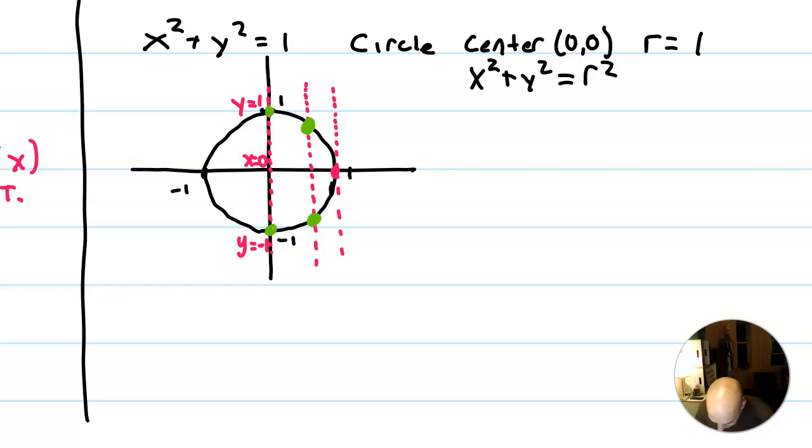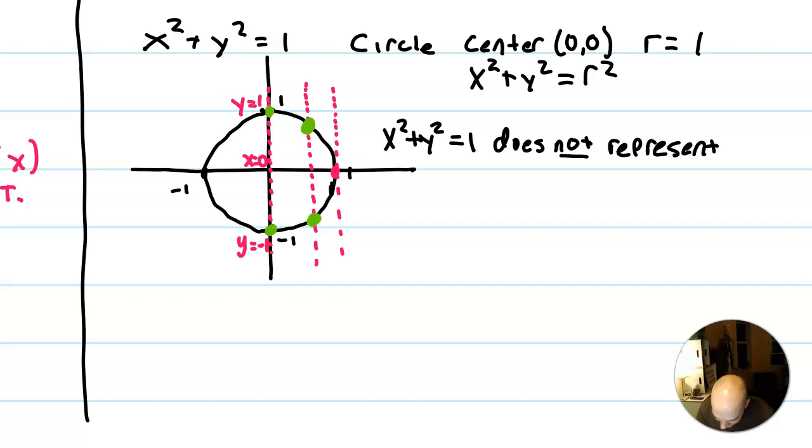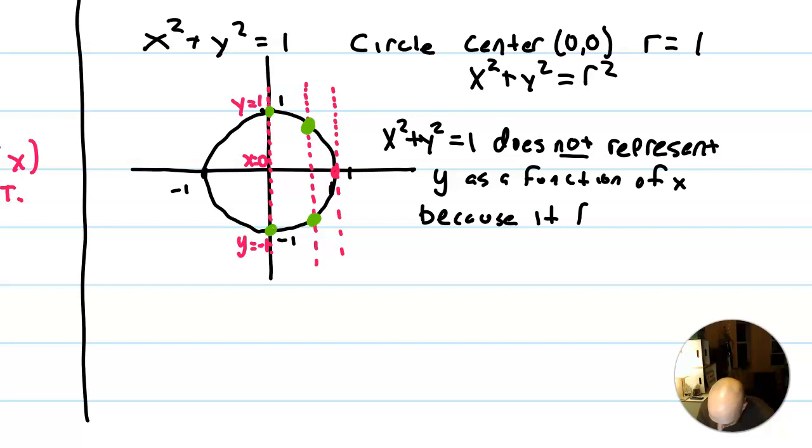So we are going to say that x squared plus y squared equals 1 does not represent y as a function of x because it fails the vertical line test.